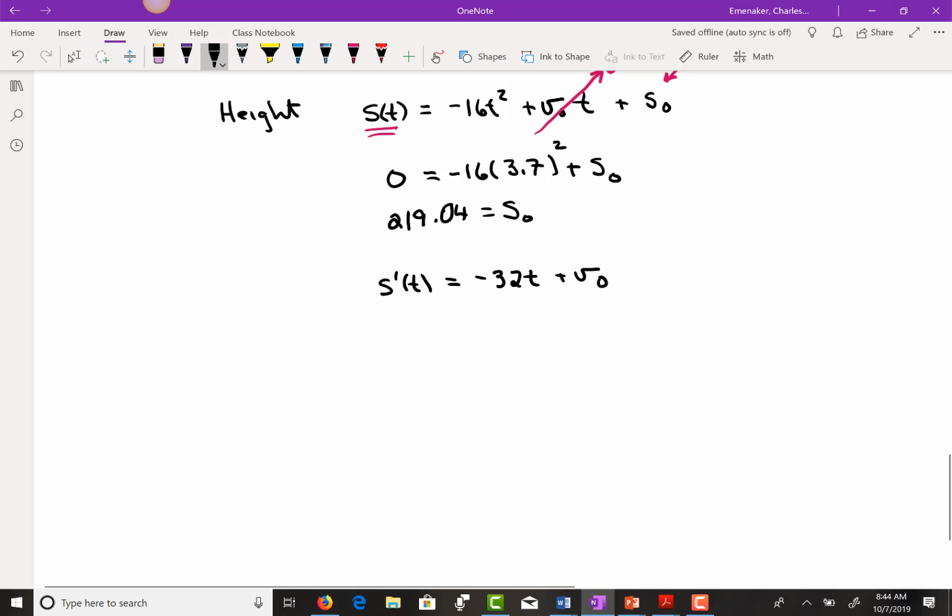Now, what's this going to tell us? This is going to tell us how fast the height is changing. This is going to explain how the height is changing, in feet per second. Oh, wait a minute. Feet per second is a measure of what?